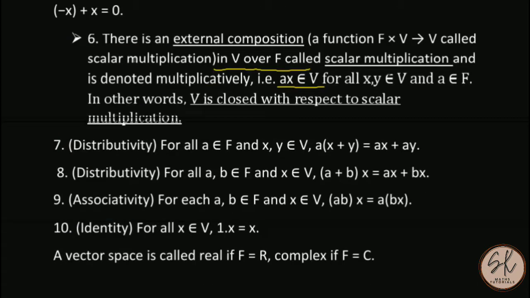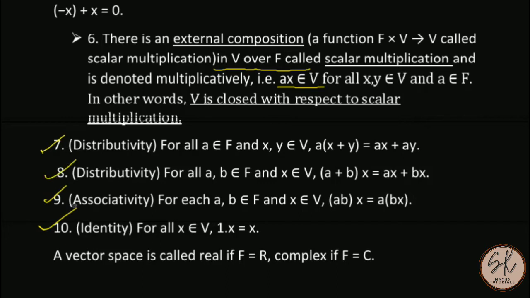Next, the sixth property is that there is an external composition in V over F called scalar multiplication, denoted multiplicatively. That is, a into x belongs to V for all x belonging to V and a belonging to F. In other words, V is closed with respect to scalar multiplication, and V also satisfies the distributive, associative, and identity laws.